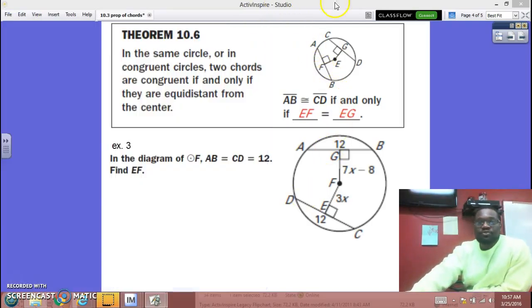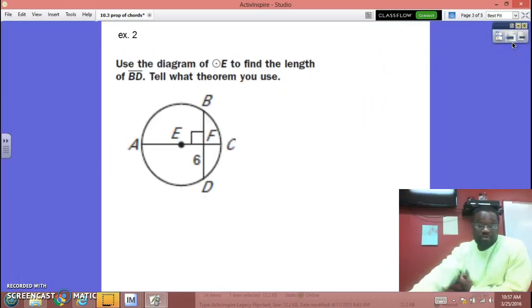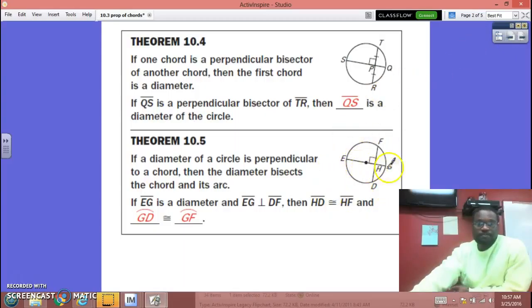I've just reviewed real quick some new properties. We have to be able to look at these pictures and understand what the picture is saying and what is congruent, what equals one another, what bisects, what is perpendicular. Many times they do stuff like this, and whenever you see perpendicular, you know for sure that the Pythagorean theorem is going to show up.